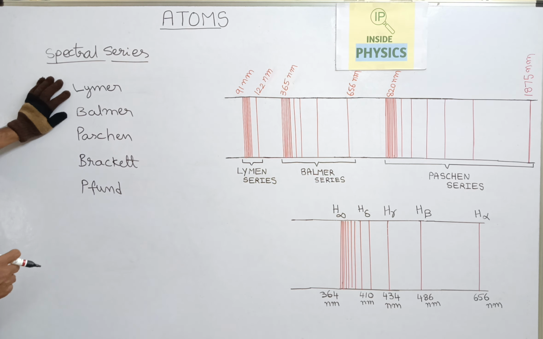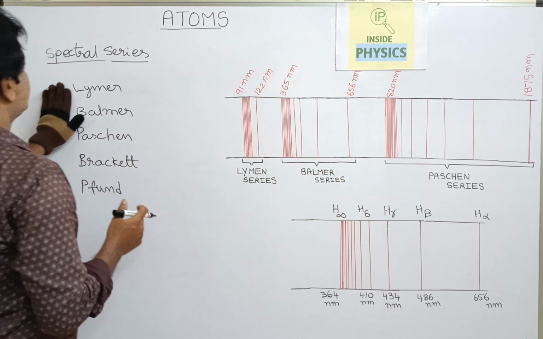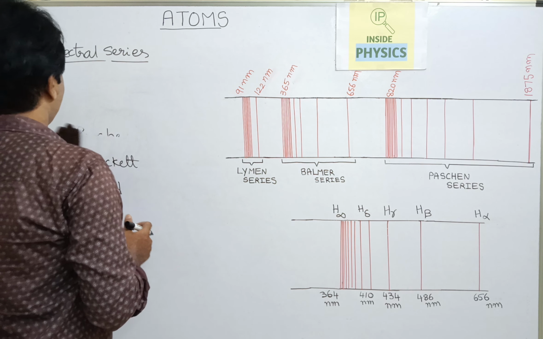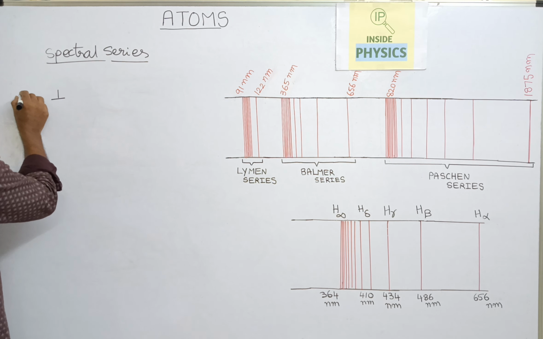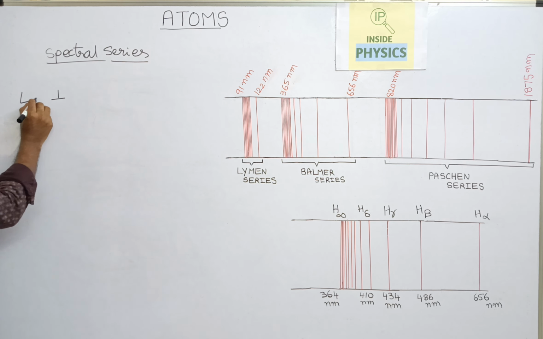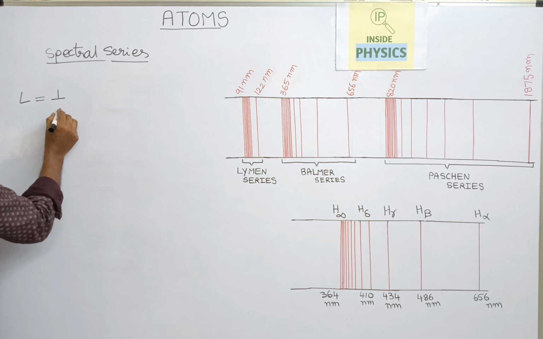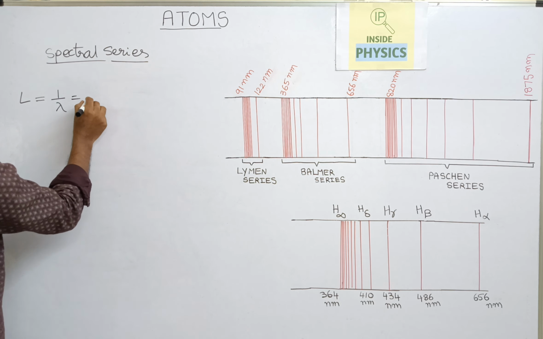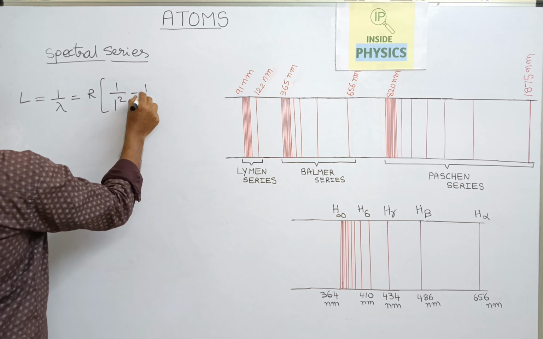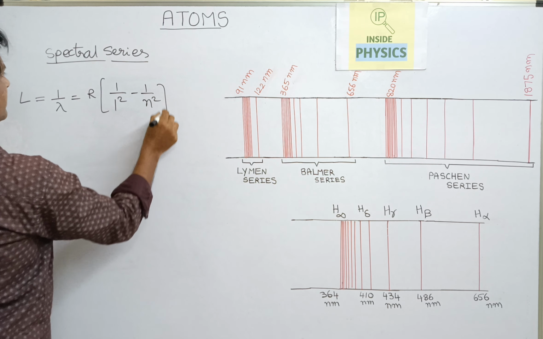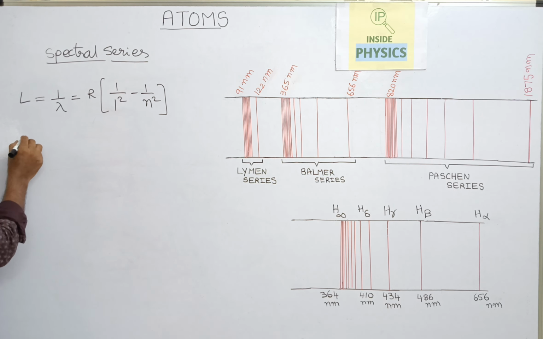For the Lyman series we can use the same formula: 1 by lambda is equal to R into (1 by 1 square minus 1 by n square), where n is 2, 3 and so on. For Balmer series we have already discussed.